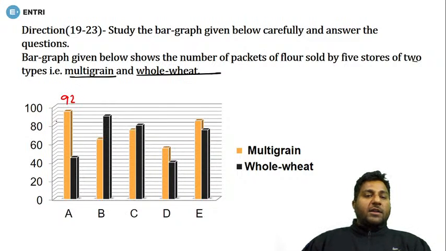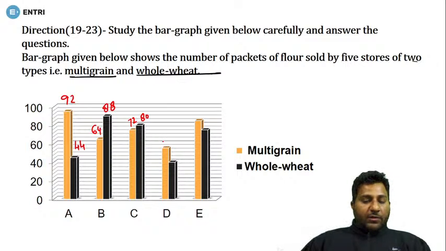This data is 92, because one slot belongs to 4 units. This data belongs to 44. This data belongs to 64. This data belongs to 88. The next data belongs to 72. And this data is, as usual, 80.